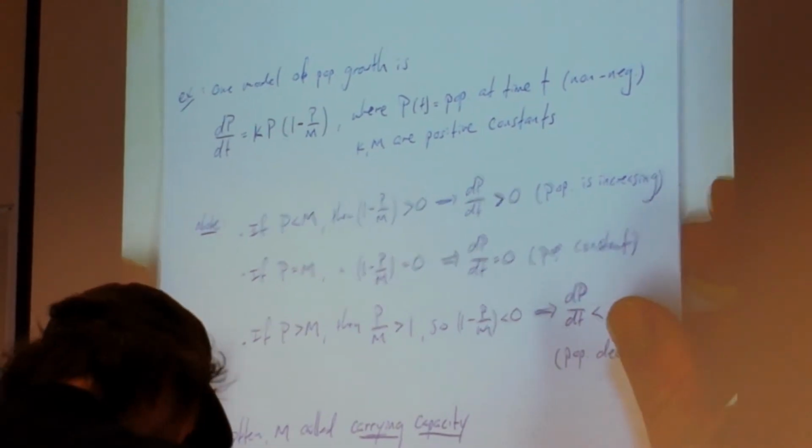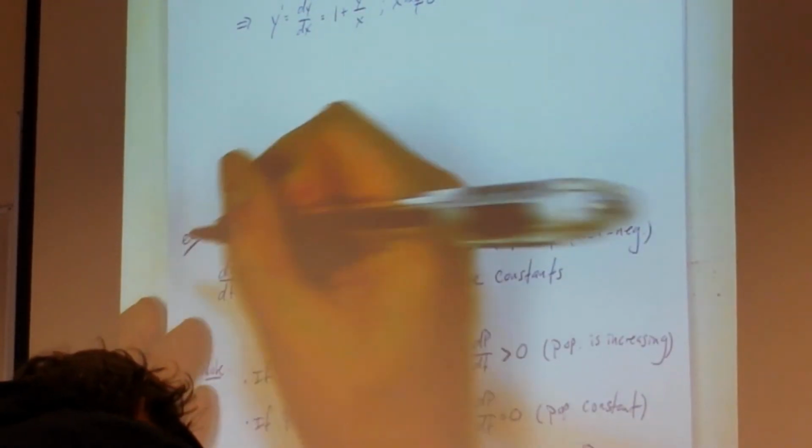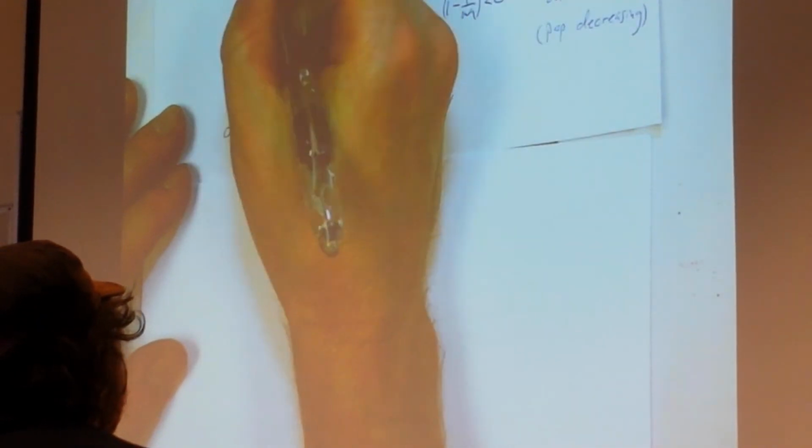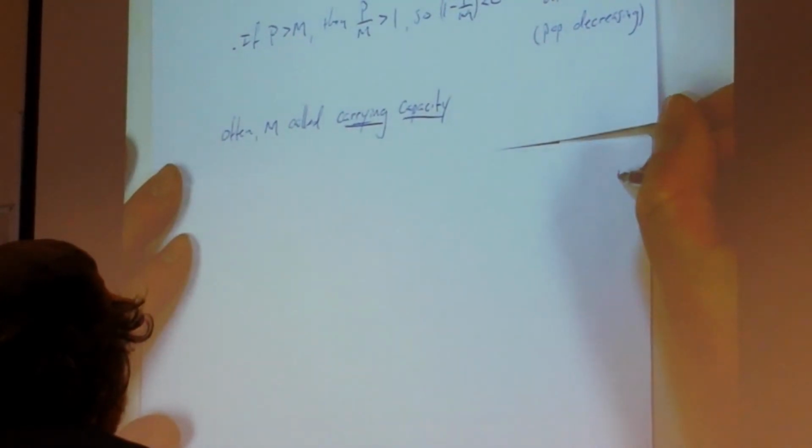All right, so further on in this example, let's keep it going. So let's take some specific values, okay? Because right now, k and m, they're constants. These are called parameters. We don't know their value, but we're taking k and m to be constants. So those are parameters in this differential equation.